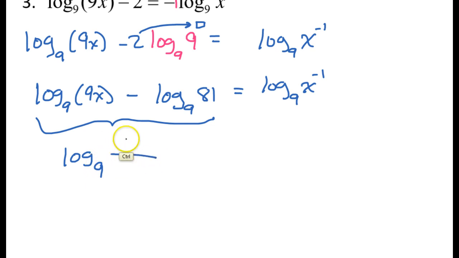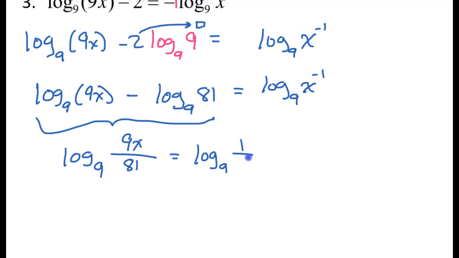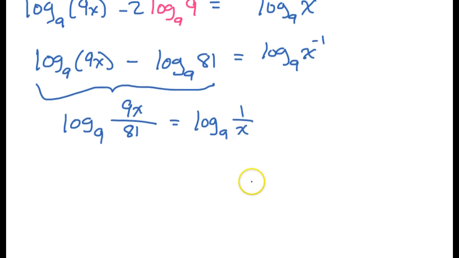So this will be log base 9 of 9x over 81, which is equal to log base 9 of x to the negative 1 power. Now seems like a good time to go ahead and deal with the x to the negative 1 power. We know that x to the negative 1 power is the same thing as 1 over x. So let me just start writing that.